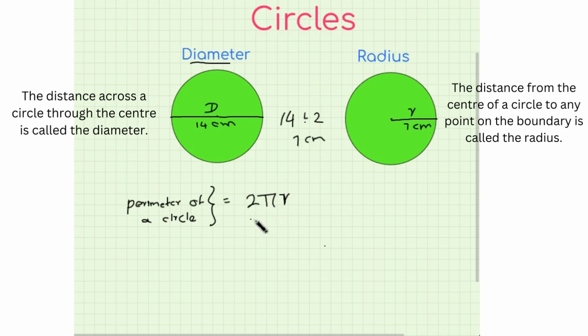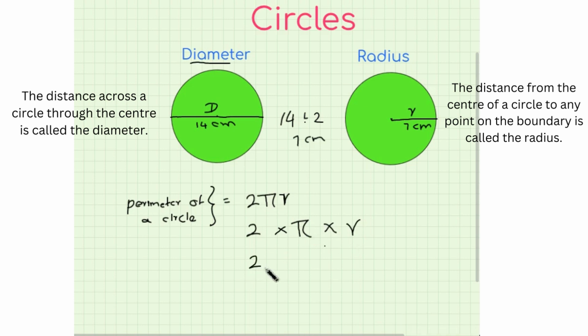Okay, so now as you can see, there are no symbols in between the numbers and letters, right? So that means we have to multiply. So 2 pi r actually means you have to do 2 times pi times r.